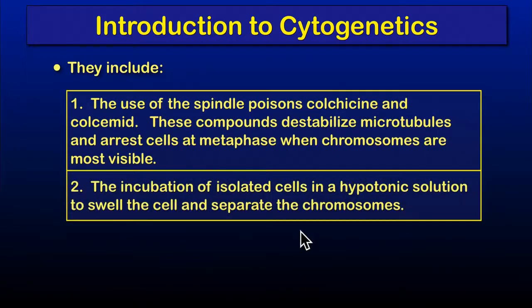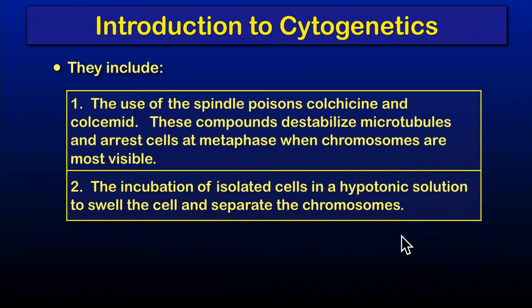Another is to isolate these cells and incubate them in a hypotonic solution, a solution that is low in potassium chloride. That causes water to rush into the cell and separates the chromosomes. Good question here. If you are looking at cells that are in M phase, essentially going through mitosis, is there a nuclear membrane present?